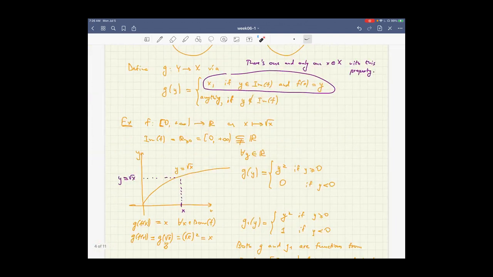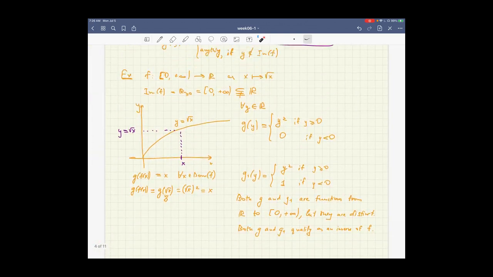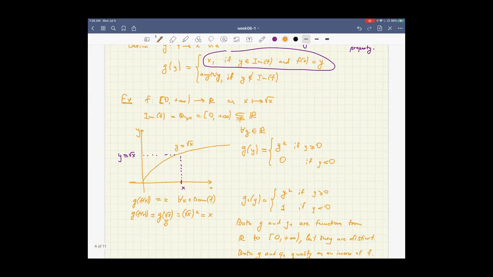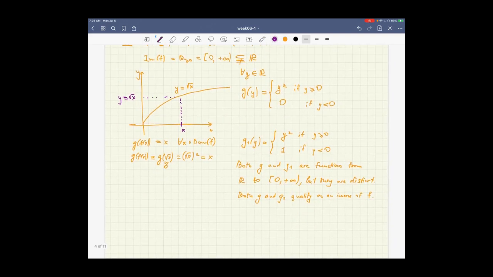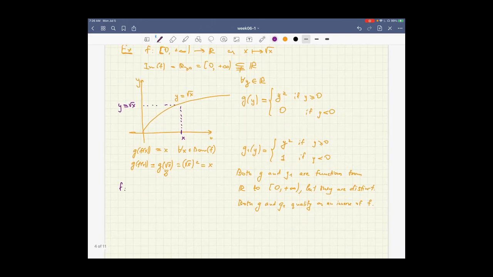In this example, our function f from 0 infinity to R is not surjective. That is why the inverse was not unique. This is why it has multiple inverses.